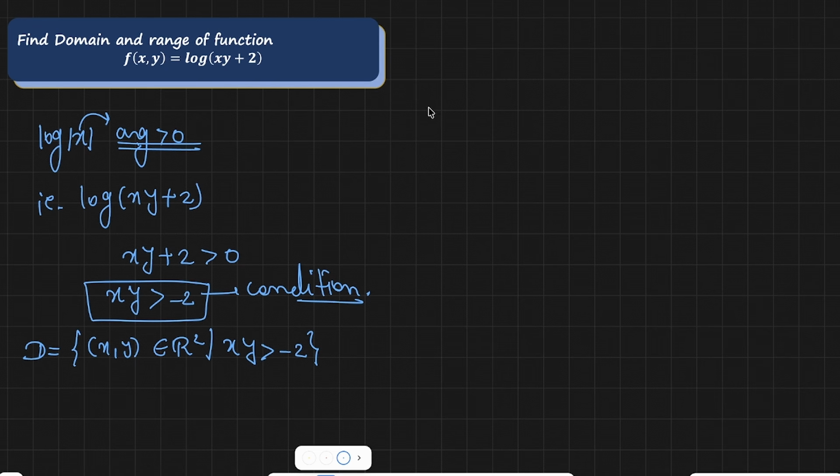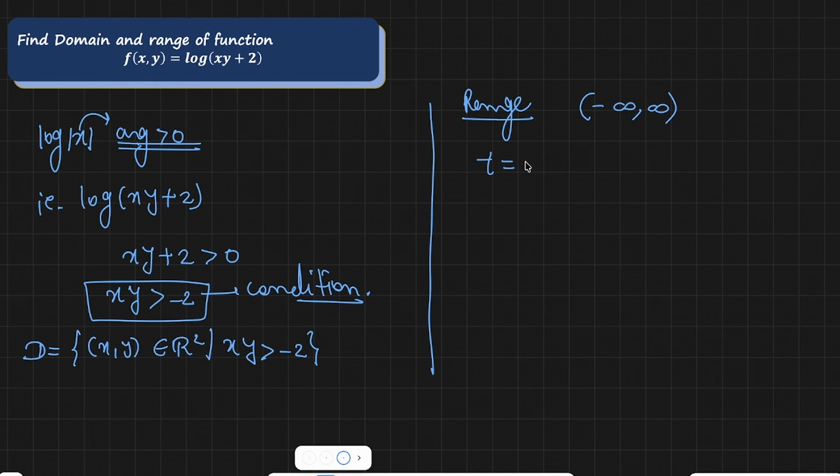Now how to find out the range for this function? It is very easy. Again, with the obvious thing you can find out, no need to go for different things. Because it is a logarithmic function, and the range of log is always minus infinity to infinity. You keep in your mind. Otherwise you can proceed like this.